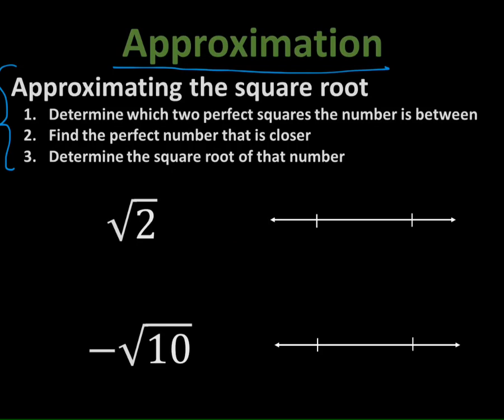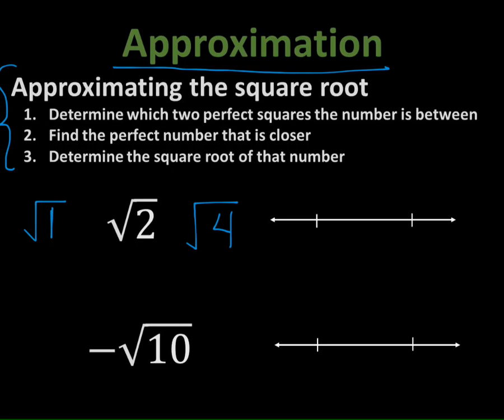So number 1 says determine which two perfect squares the number is between. 2, find the perfect number that's closer. 3, determine the square root of that number. So here's what we're doing. I'm going to find two perfect squares that the number 2 falls between. So if you look at your multiplication chart and you just focus on your perfect squares, 2 would be between 1 and 4. Those are the two perfect squares that it's between.